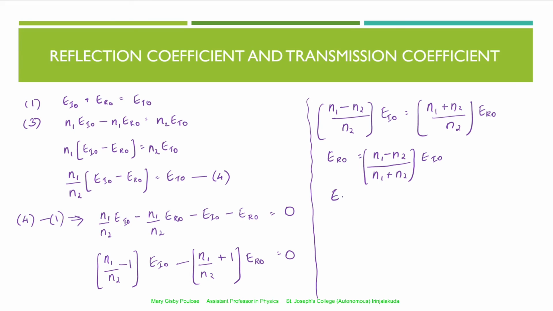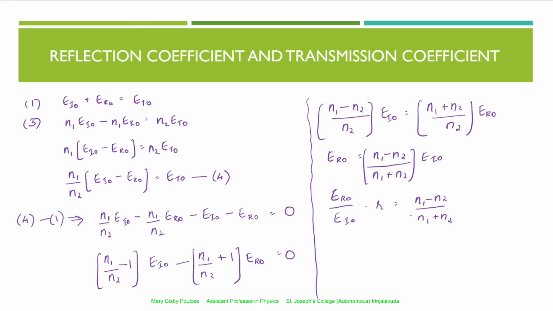Now, Er naught by Ei naught is called the amplitude of reflection coefficient r, and that can be written as n1 minus n2 divided by n1 plus n2.